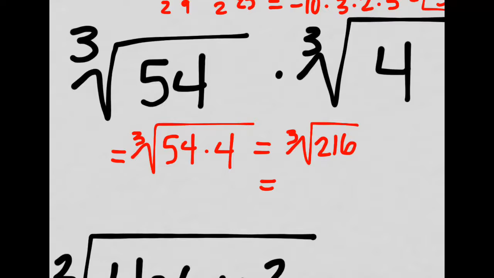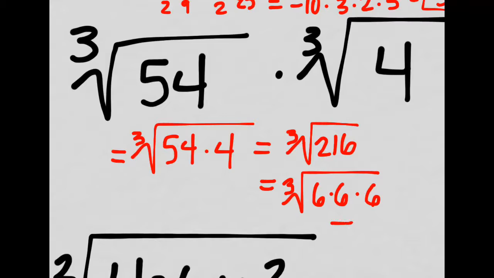Now 216 is uniquely a perfect cube, so this is the same as taking 6 times itself 3 times. So 6 times 6 is 36, and 36 times 6 is 216.